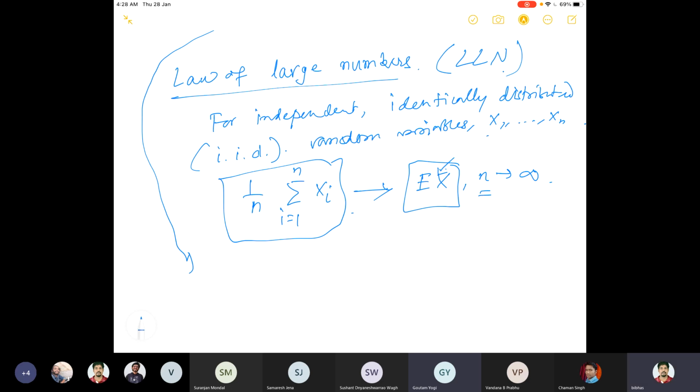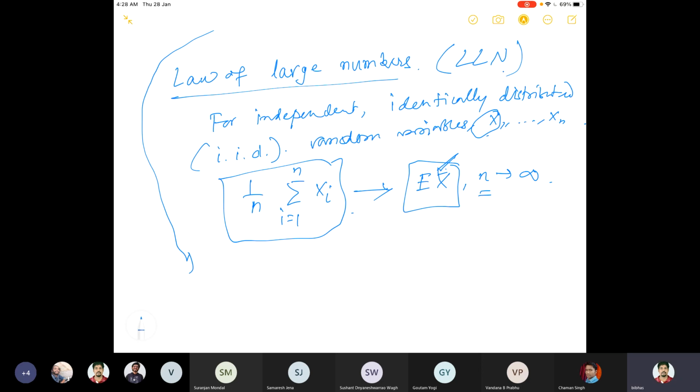X is the random variable whose distribution is the same as the probability distribution of x1, x2, xn. They are like samples of X. So it is IID. The way X is distributed, x1, x2, xn are the copies of X. You can think like that.